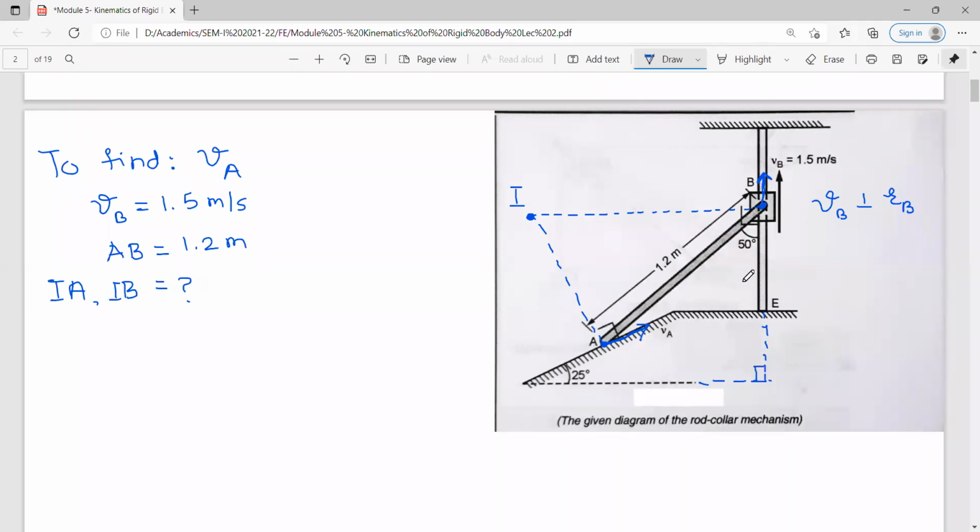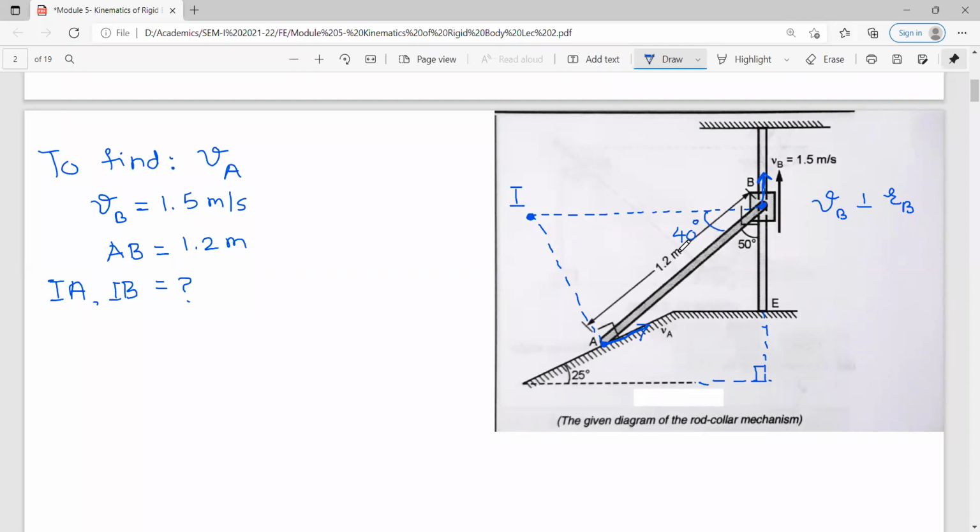Next, as this angle is 50, and this line IB is perpendicular to this vertical line, the angle between them is 90 degrees in total. So if this is 50 degrees, the remaining will be 90 minus 50, that is 40. So this angle is 40 degrees.